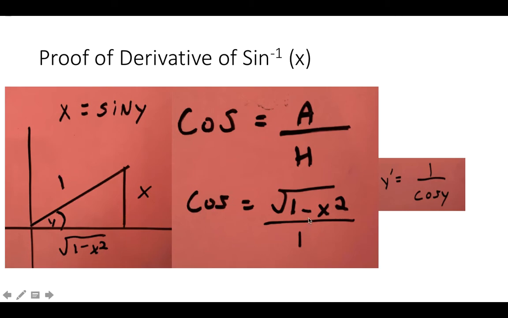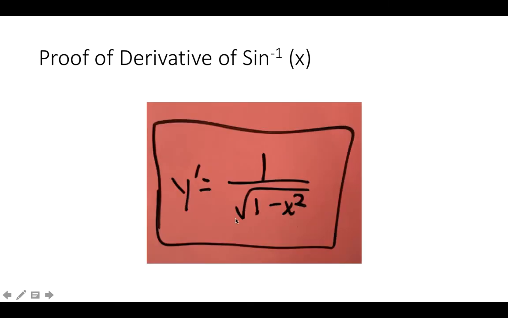If we input that, we have the square root of 1 minus x squared divided by 1. And we just input that into our derivative we just concluded, and we will get this. Boom, the formula. That is how we prove that the derivative of the inverse sine of x is equal to 1 divided by the square root of 1 minus x squared.